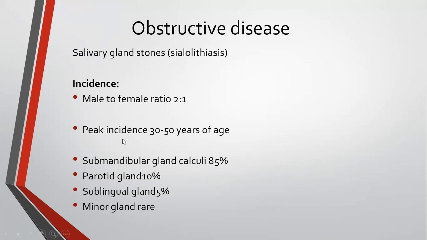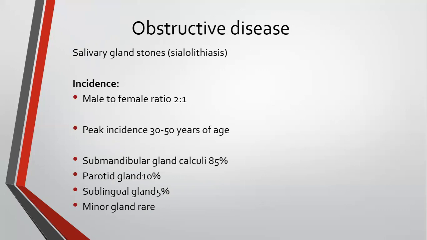It happens mainly in the submandibular gland. So basically, this can come in your exam as well. Please tell the incidence of sialolithiasis, salivary gland calculi, according to the age of the patient, 30 to 50 years of age, and in which gender, males to females at a 2:1 ratio, and according to the glands as well.